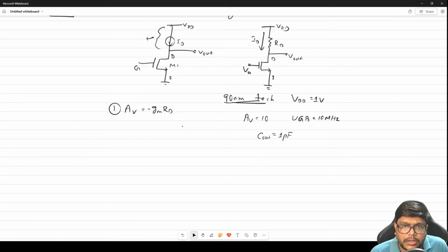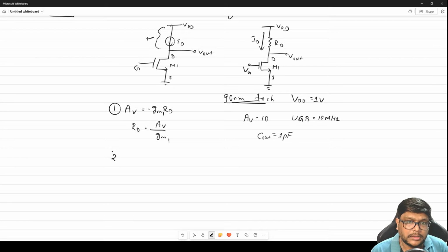Okay, so the required RD is equal to our gain divided by gm of the MOS M1. So this is M1, so I can write gm1.